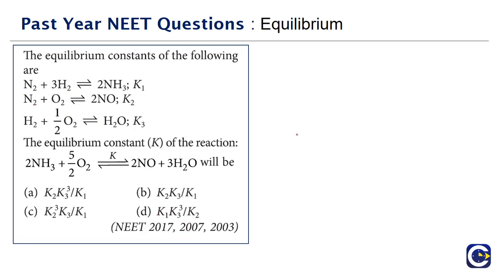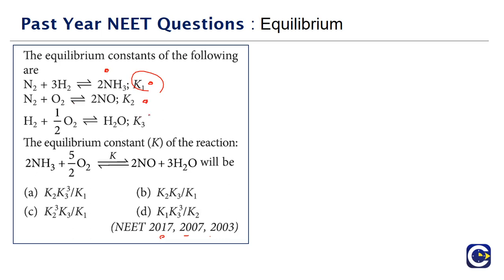Next, a question based on the idea of equilibrium constant expression. This kind of question has come in multiple years. So look at this. There is a set of 3 equilibrium reactions. First is N2 plus 3H2 gives rise to 2NH3. For this, the equilibrium constant is K1. Second, N2 plus O2 gives rise to 2NO.